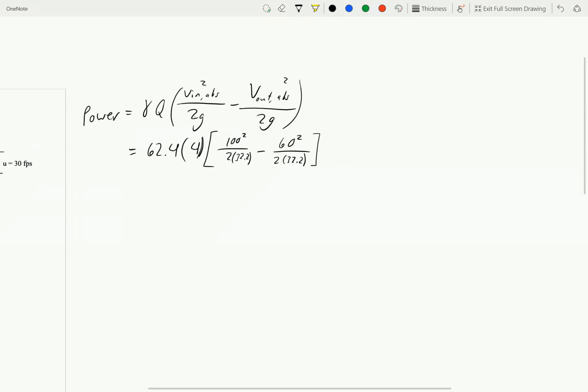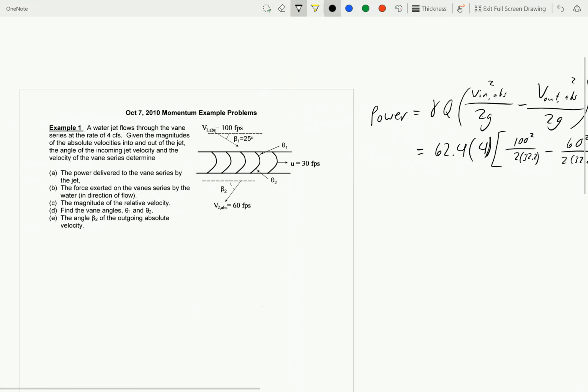And this just gives you a number, which ends up being 24,800 foot-pounds per second. And that's part A completed.